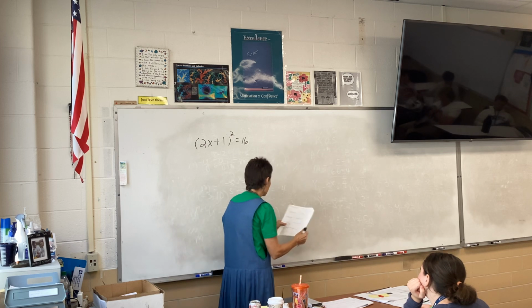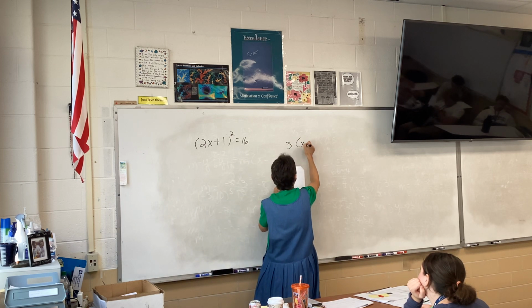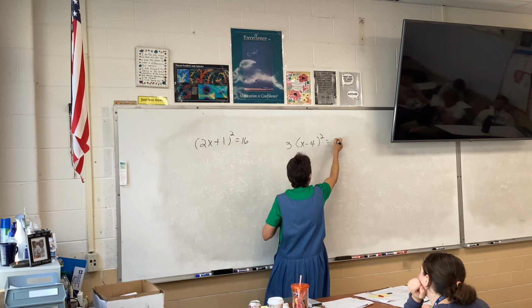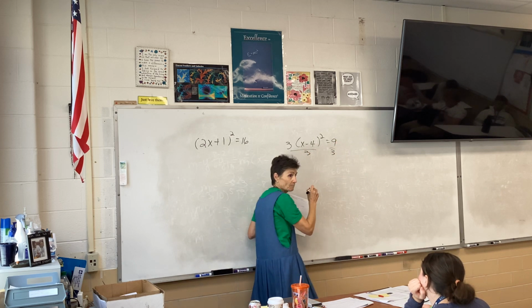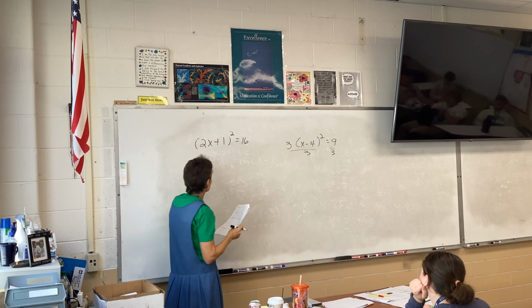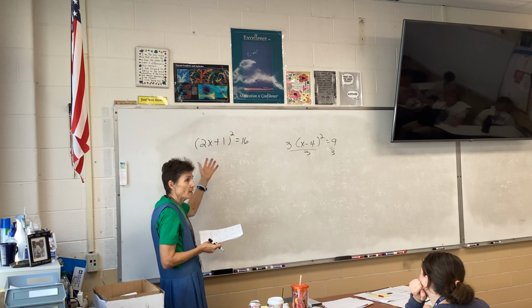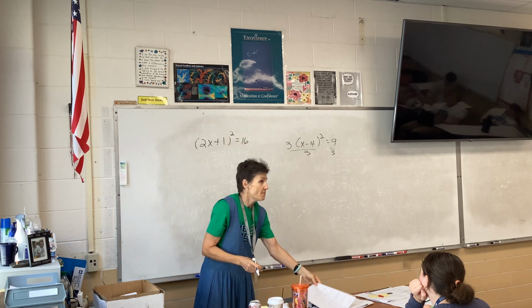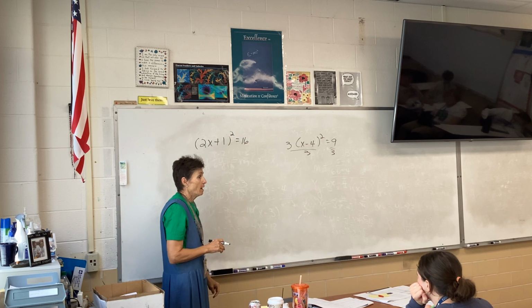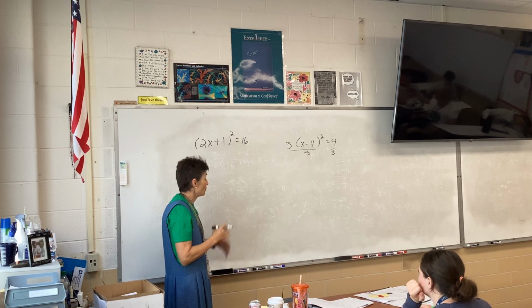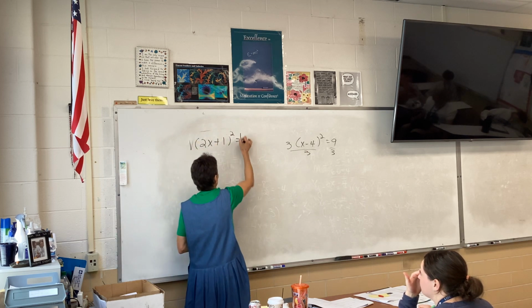The one right before it, which we did yesterday, looked like this. And the first thing we did, if you recall, was divide by 3. Why am I not dividing by 2? Because it's inside the parentheses. That makes a huge difference, right? You can't move it.